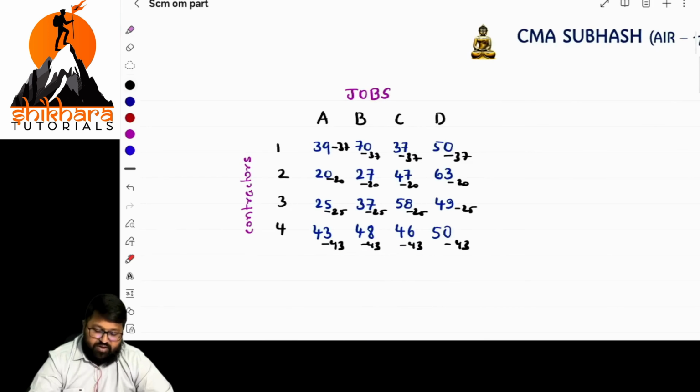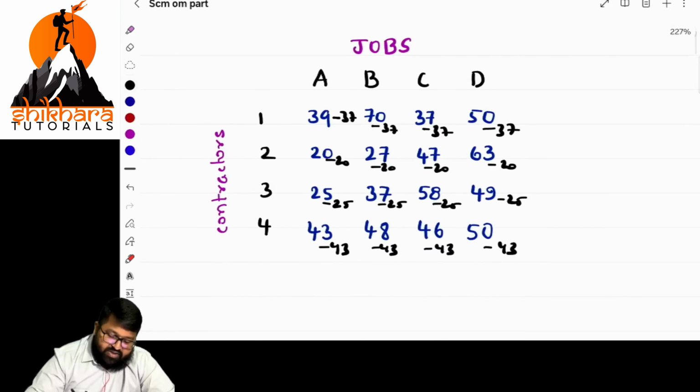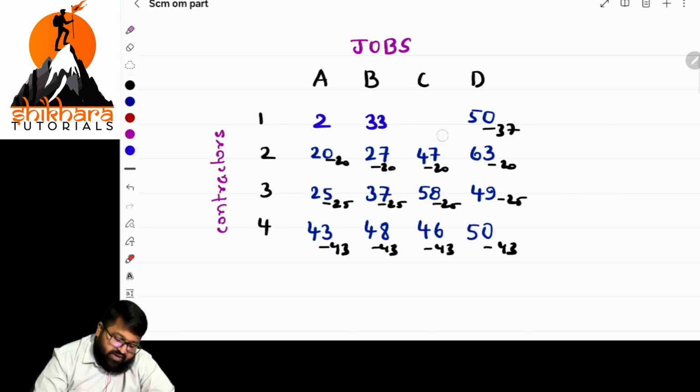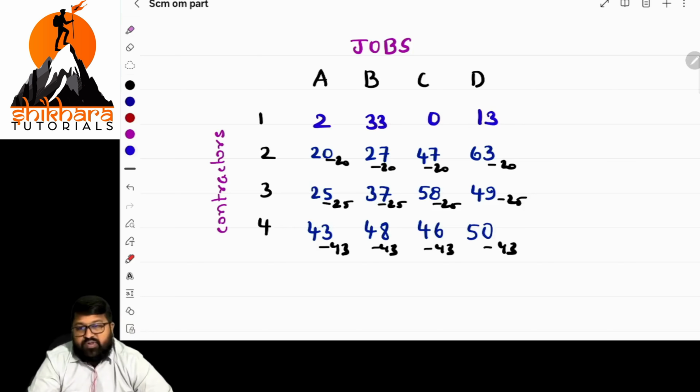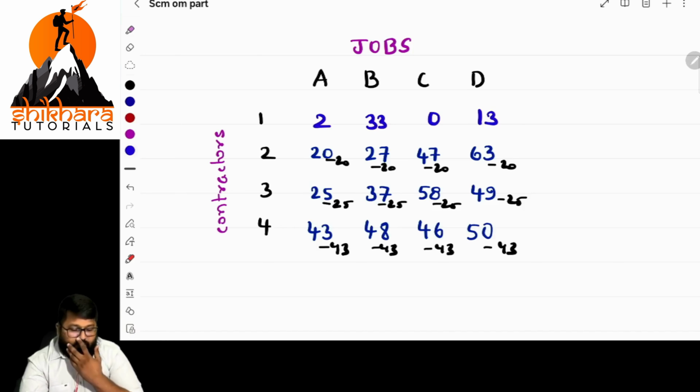Okay, sir, when we are deducting it, in this case, what is the number we are getting, ma? That is 2. Okay, in this case, what is the next element, ma? Next least number there, 33. Here it is 0. Here it is 13. Is it clear, ma? Check it properly, buddy.